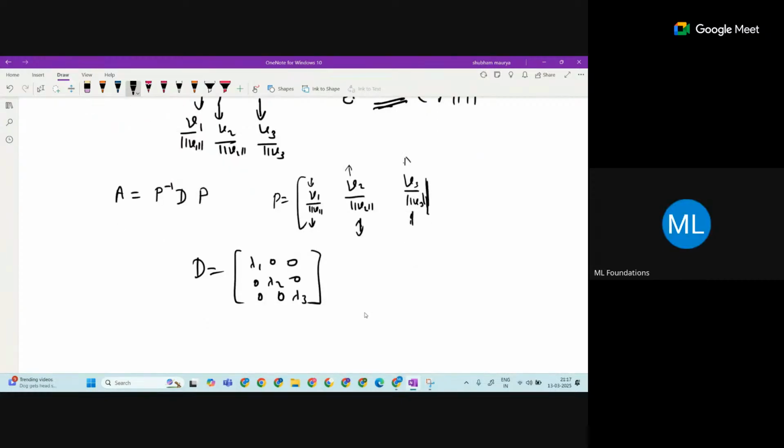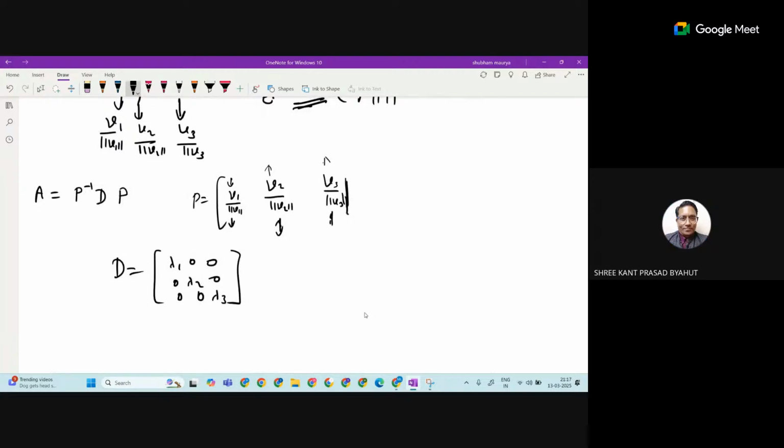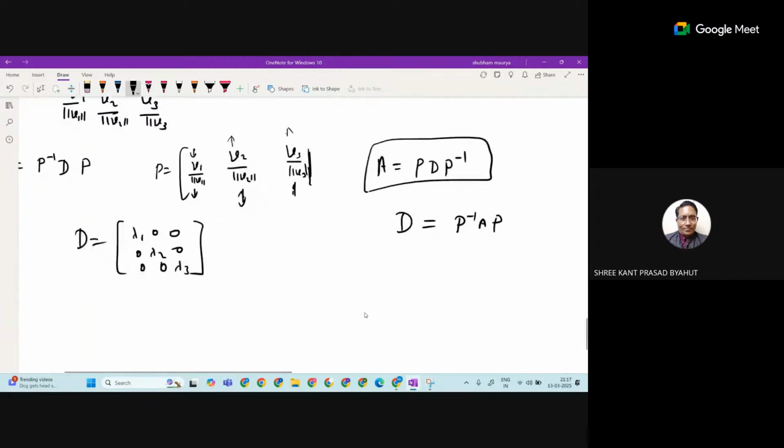This is the spectral theorem, the guarantee given by the spectral theorem. Sometimes, depending on the lecture, it is written as P inverse DP, or sometimes as A equals Q delta Q transpose. Many times you can say P inverse. All are actually fine. Or many times P inverse is equal to P transpose.